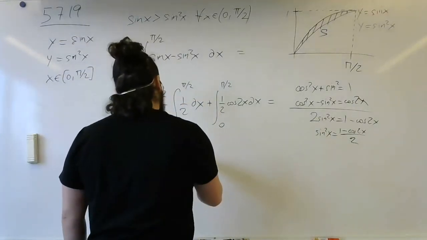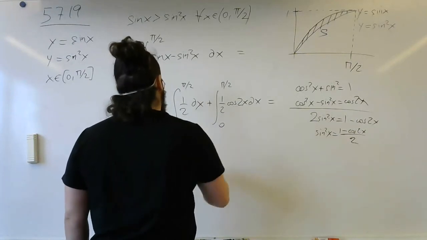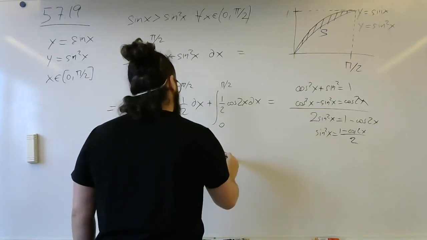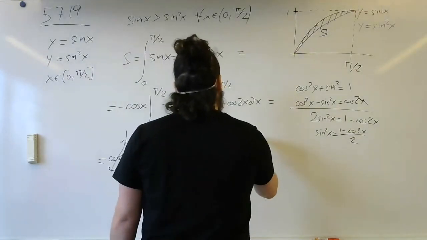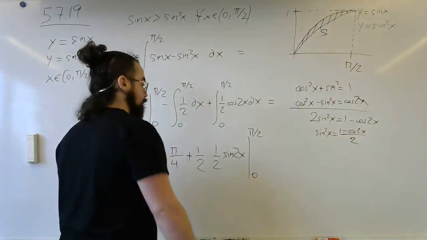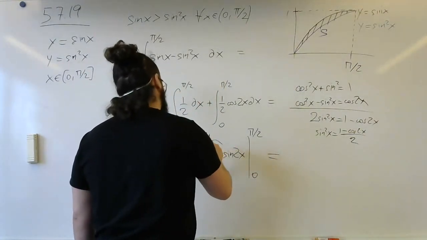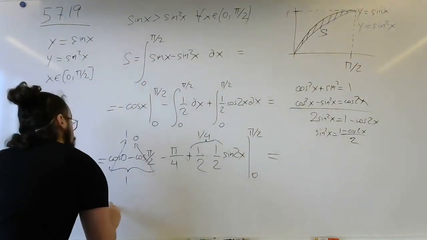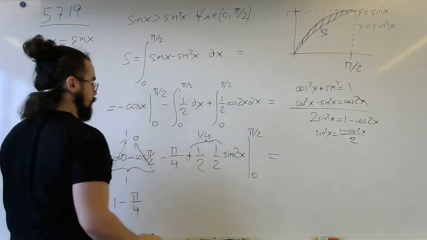For this last one, we have 1/2 times 1/2 sine 2x, evaluated between 0 and pi halves. Now this is 1/4.